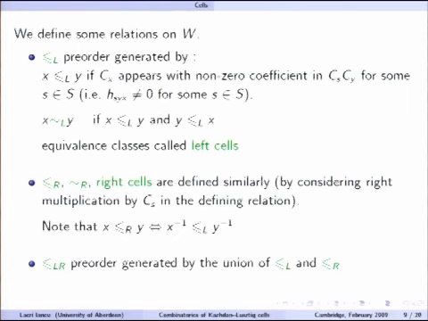There's also a third preorder, the left-right, which is generated by the union of the left inferior and right inferior, so left preorder and right preorder, and which gives rise to a left-right equivalence and to two-sided cells. So it's quite an effort that we do there.